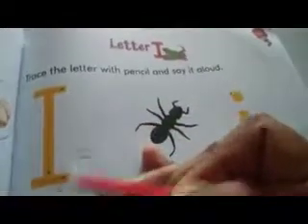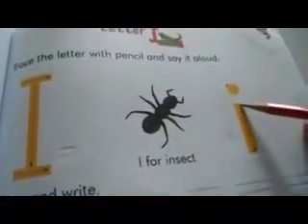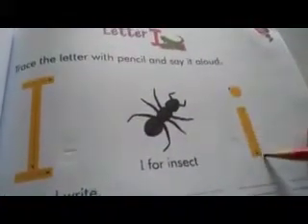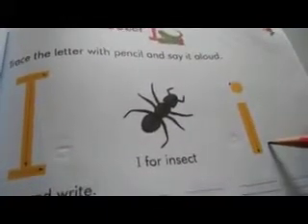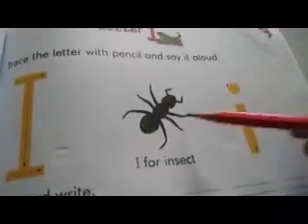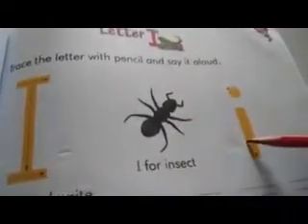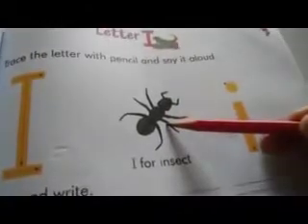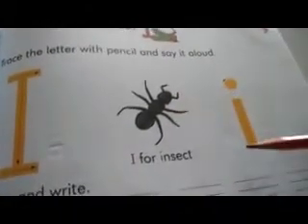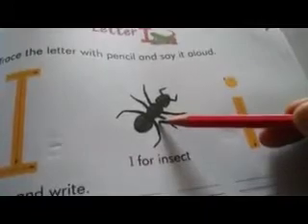This is your uppercase I, and one standing line and one dot at the top for your lowercase, that is small letter I. I for insect. Insect. Okay children, I for insect.